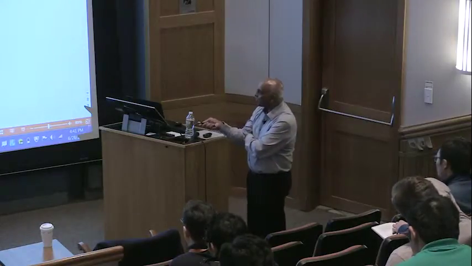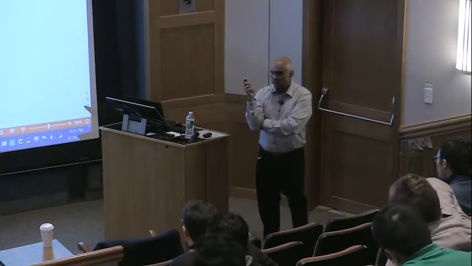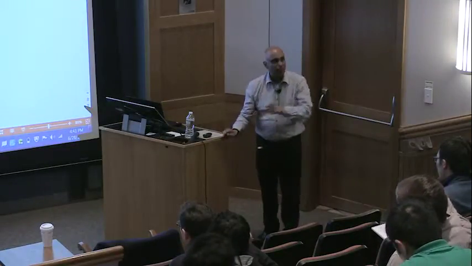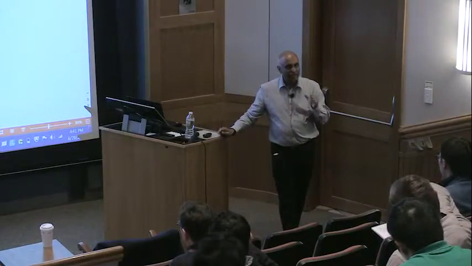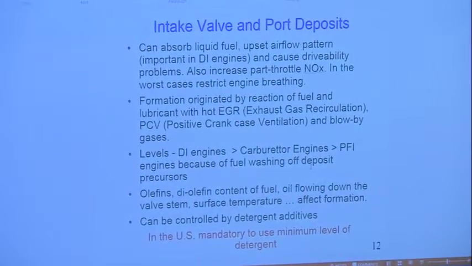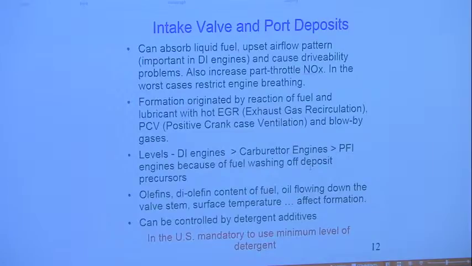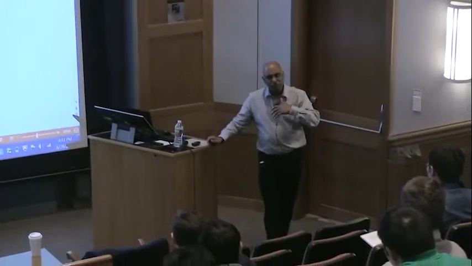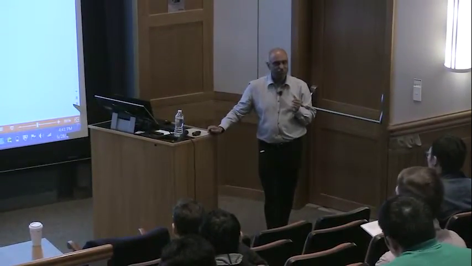So, in fact, when I mentioned the Toyota Avensis, but before that, when the first Mitsubishi direct injection engine was introduced, there were massive problems with valve deposits, because all the mechanisms of formation were there, but there was no mechanism for removing the deposits.